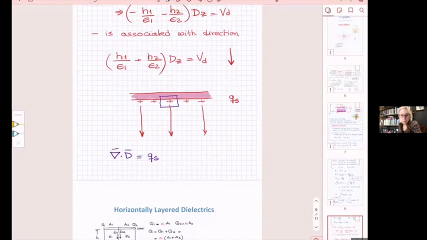That's Gauss's law. So if this is one point, and I go around that point and create a small volume, which I call dV, then at that point specifically the divergence of D equals Q sub S. Then what do I do from here? I integrate it around this small volume.